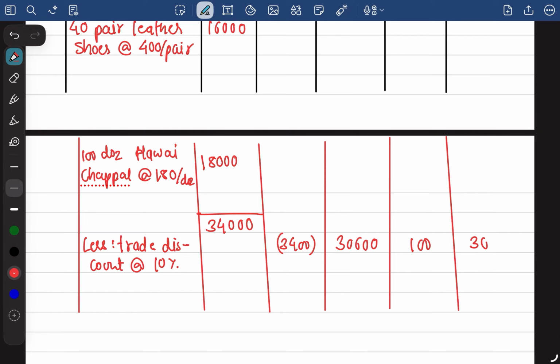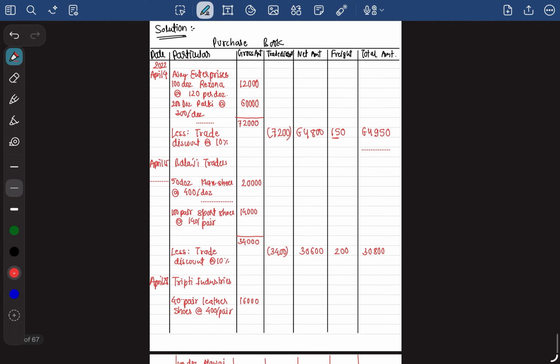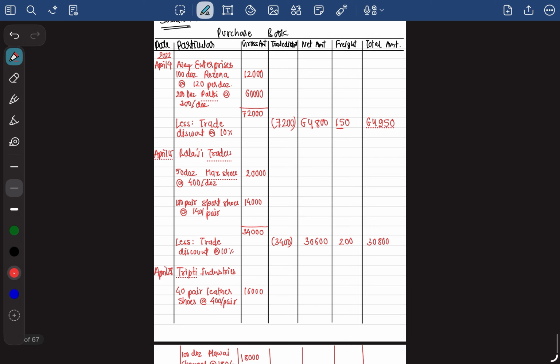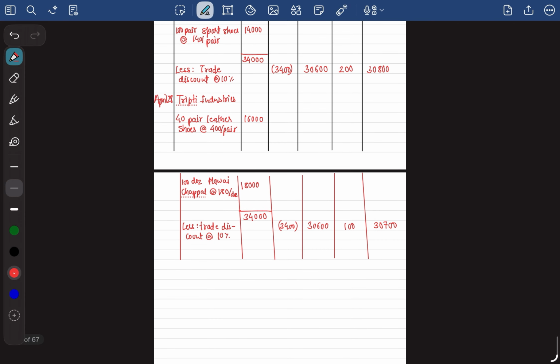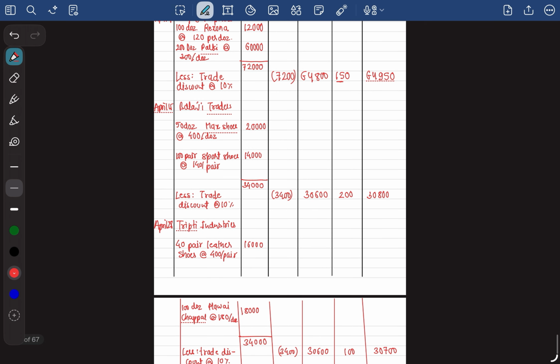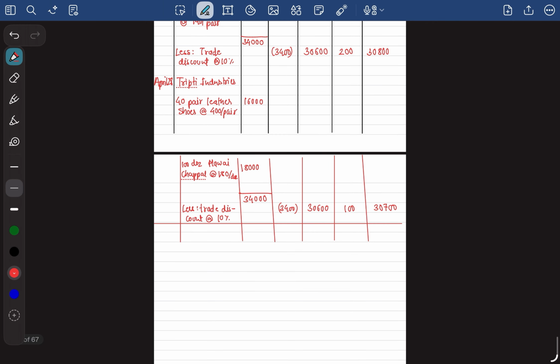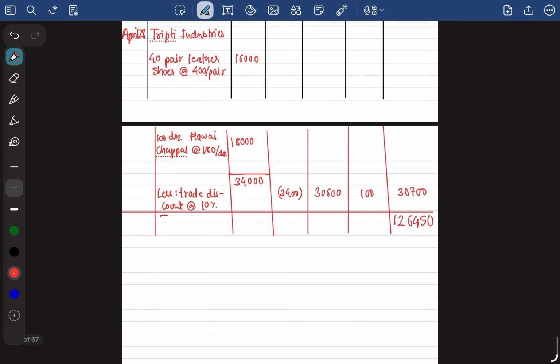My total purchase amount is 30,700 rupees. So my total purchase book would reflect 64,950 plus 30,800 plus 30,700. Total purchase amount is 1,26,450 rupees.